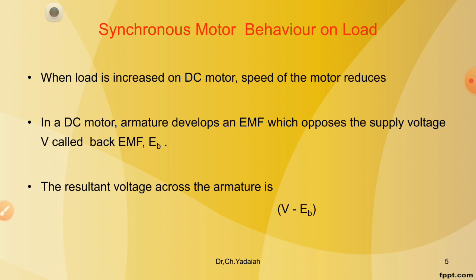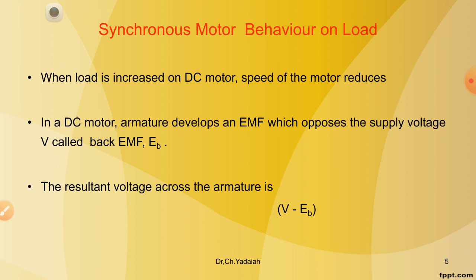In the laboratory, you have performed a load test on a shunt motor, where under no load condition the DC motor runs at nearly 1440 rpm, while the synchronous speed is 1500 rpm, due to frictional and windage losses.